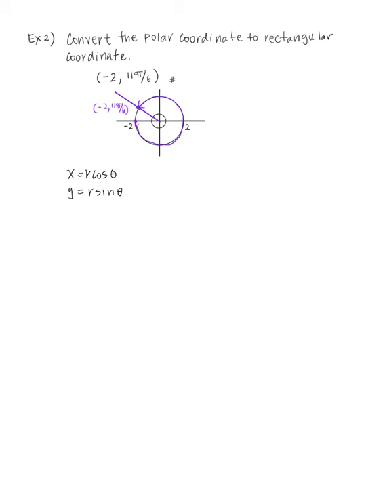So we're going to have r equals negative 2 times cosine of 11 pi over 6. What is that cosine? 11 pi over 6 is 330 degrees. That lies in quadrant 4, so cosine is positive there. So we get square root of 3 over 2, which will give us negative square root of 3.